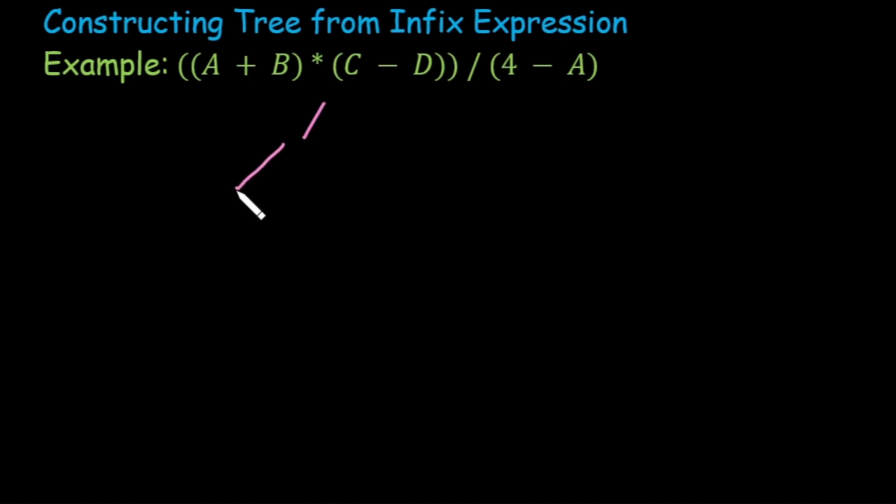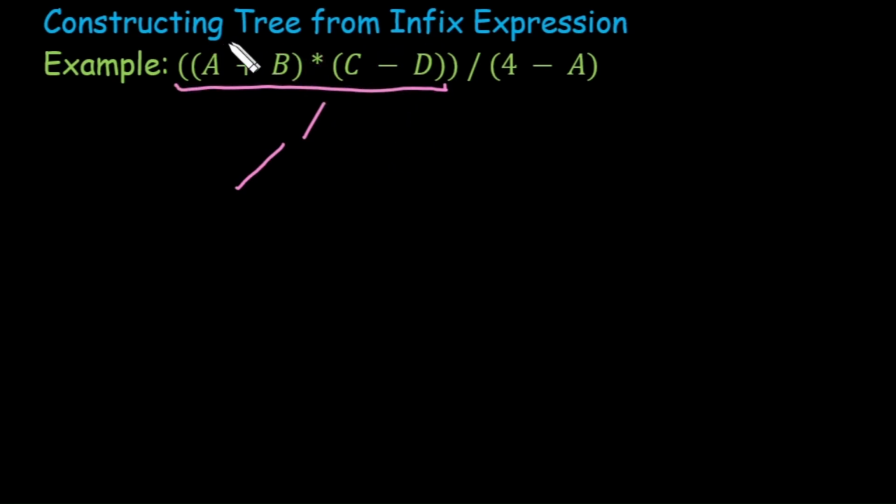On its left subtree, we will take this expression. In this expression, identify the next root of the subtree. So plus is the root of A and B, not of this one. Subtraction is the root of C and D. It means multiplication is the root of both these.